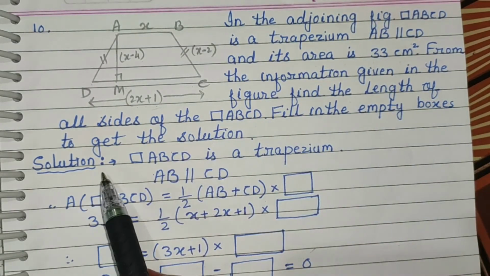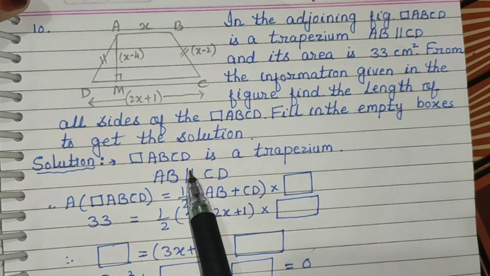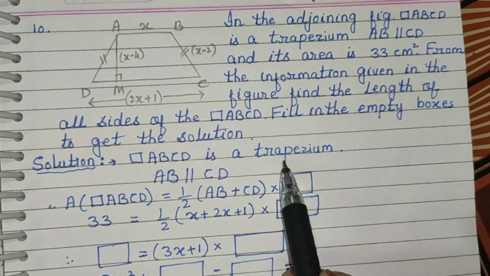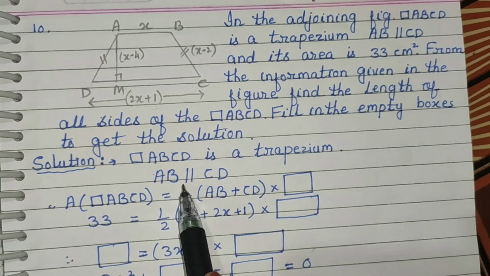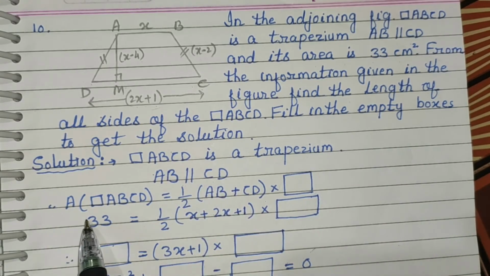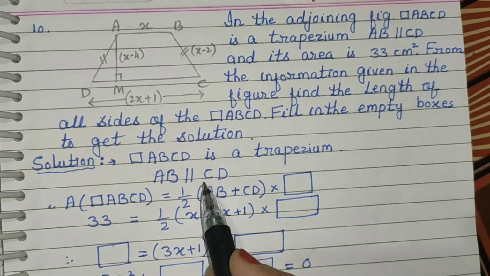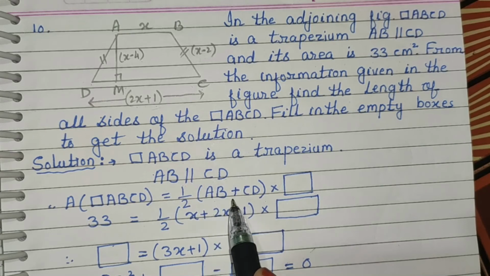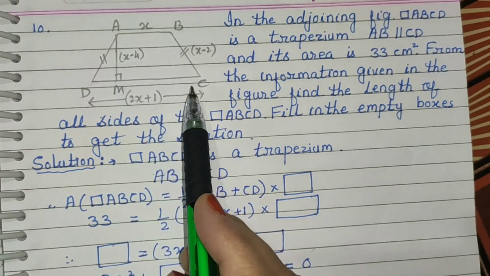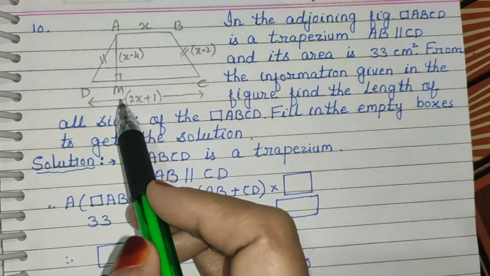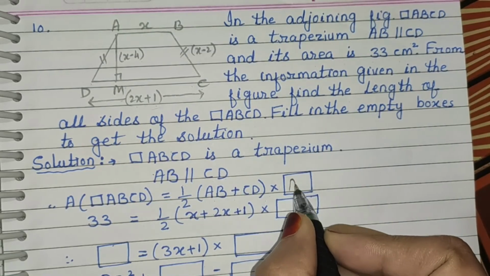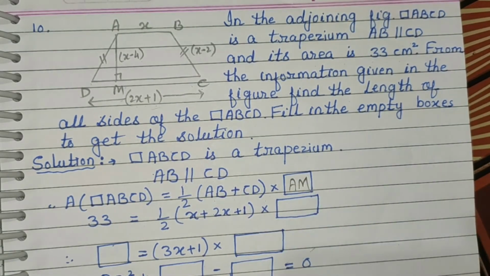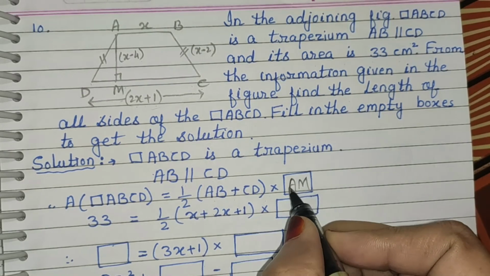Therefore, the solution is quadrilateral ABCD is a trapezium in which AB is parallel to CD. Therefore, the formula: area of quadrilateral ABCD is equal to half into AB plus CD into perpendicular length, means AM. Therefore, write down here AM.